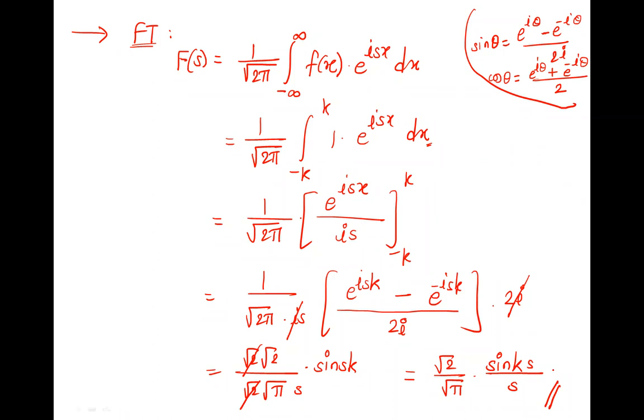So let me just write the answer. F of s is equal to root 2 by root pi sine ks upon s, but s should not be equal to 0, because if s is 0, that will not exist.